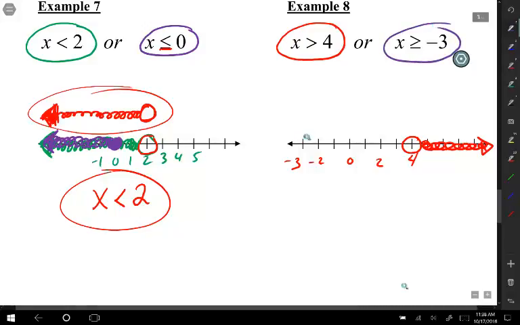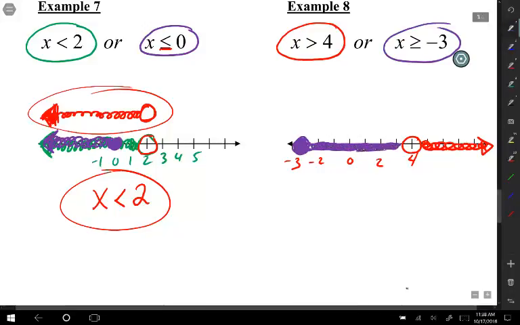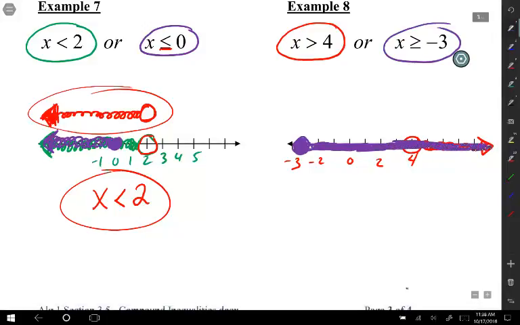Here's greater than or equal to 3. So you notice, Cairo, I just filled in that circle of 3. And which way am I shading? Okay. Uh-oh. I'm coming up to this open circle. What do I need to do to it? Fill it in, because the purple is going to keep going, isn't it?